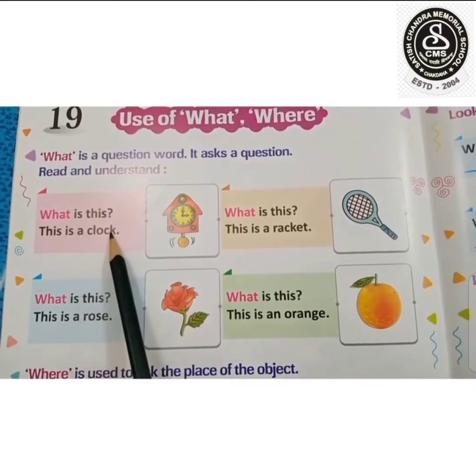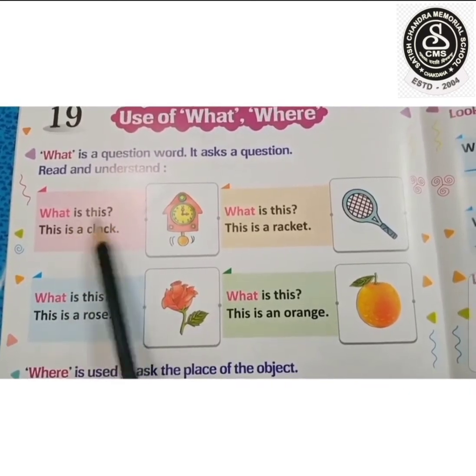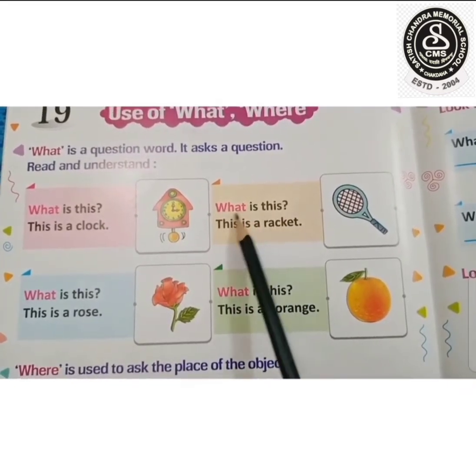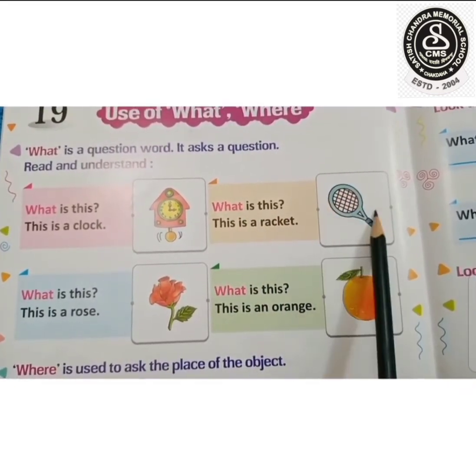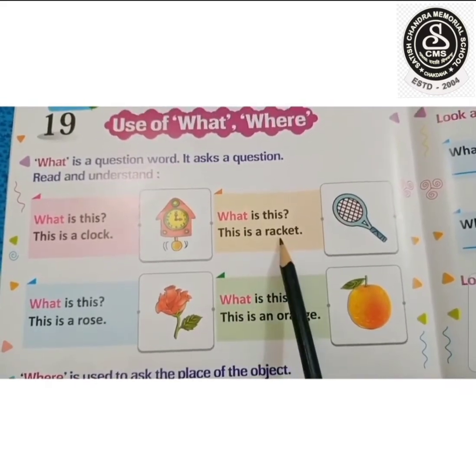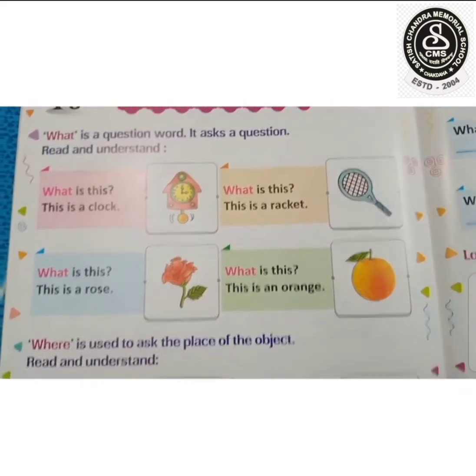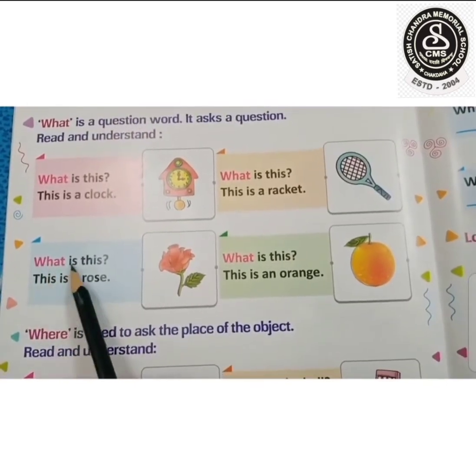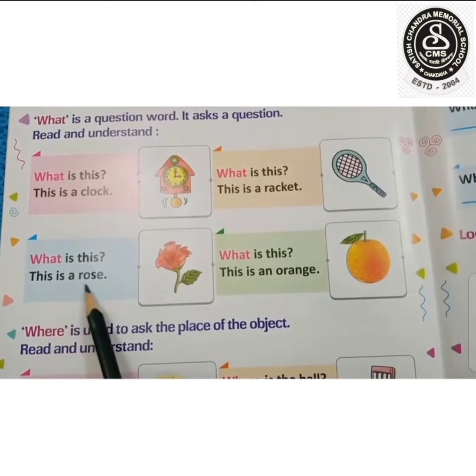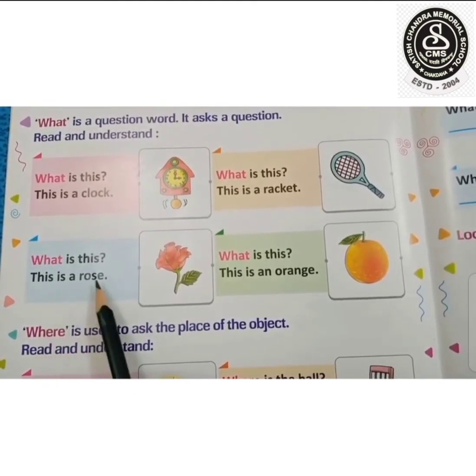This is a clock. Next picture. What is this? Now, what is this, children? This is a racket. Next one. What is this? This is a rose.